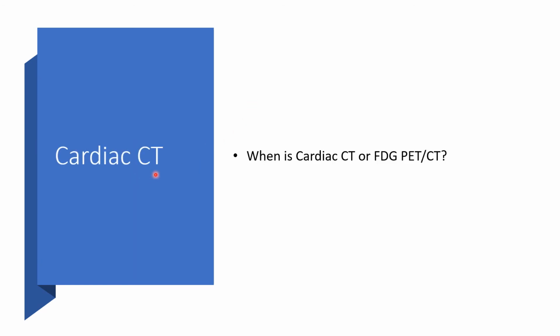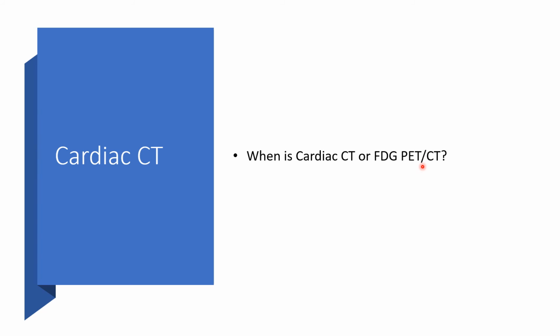Now, cardiac CT. When will cardiac CT or fluorodeoxyglucose positron emission tomography become necessary? Yes, if both TTE and TEE are non-diagnostic, then we have the alternative, that is the cardiac CT.